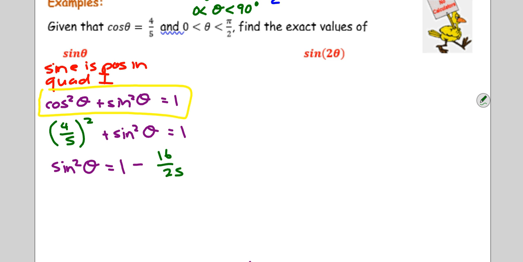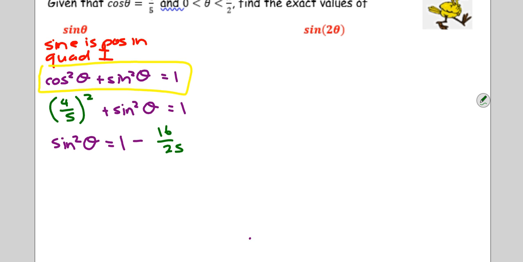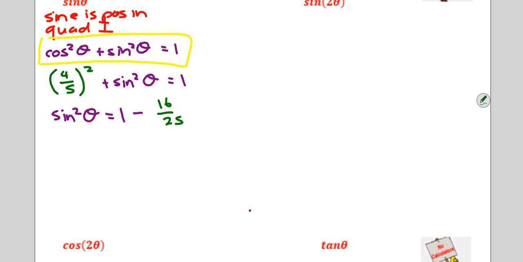What's interesting is 1 minus 16 over 25. How do you work that out? You make that over 25. Good, exactly. So sine squared theta equals 25 over 25 minus 16 over 25.